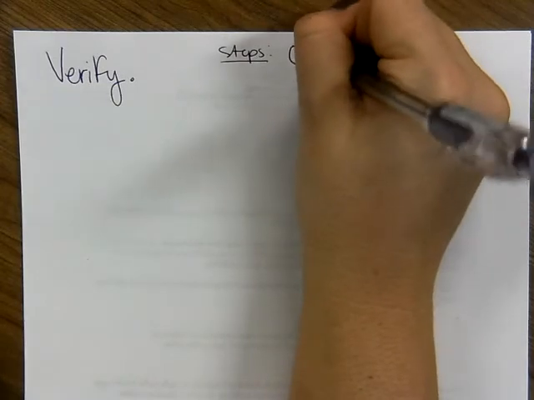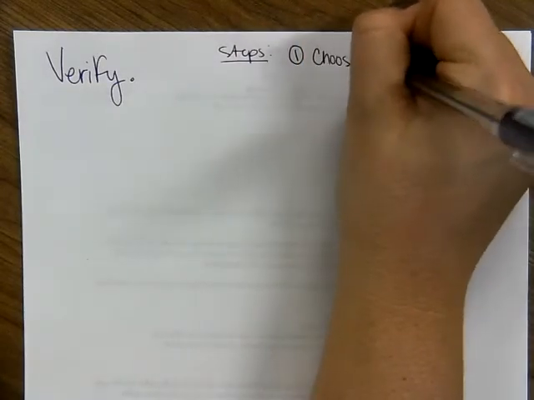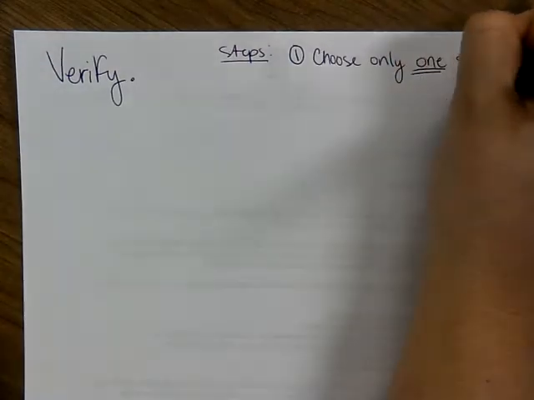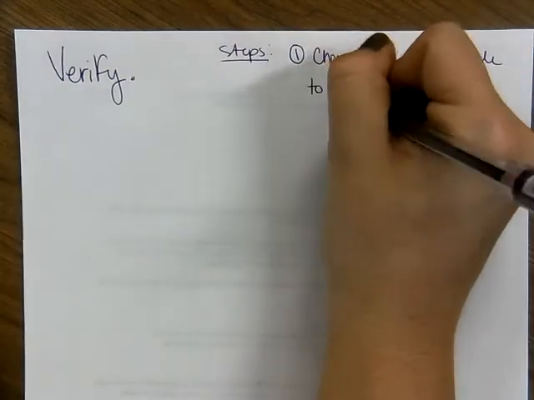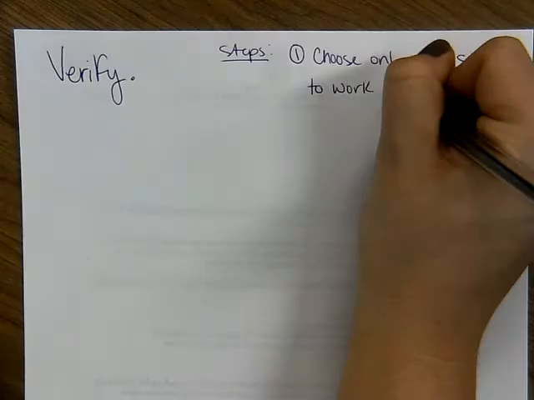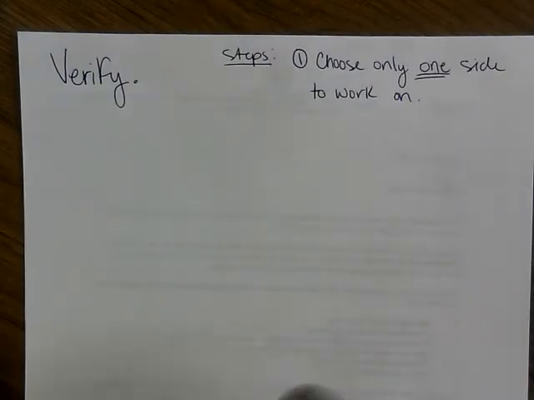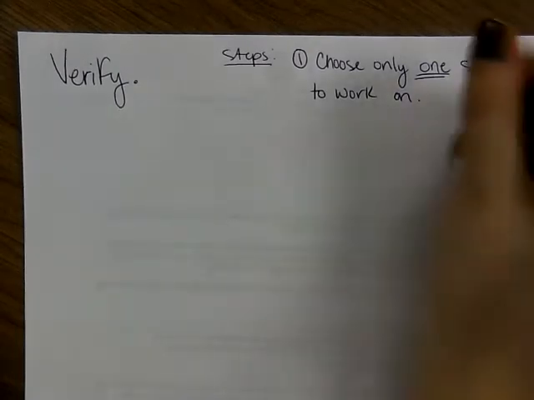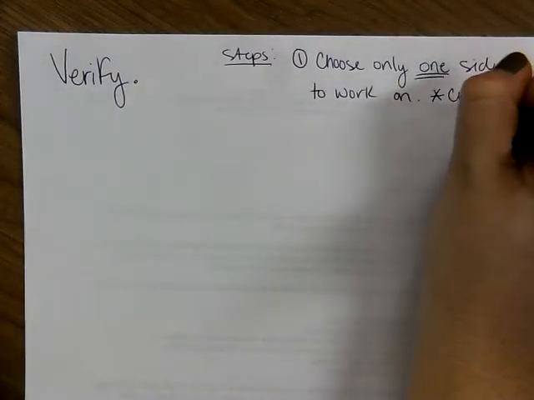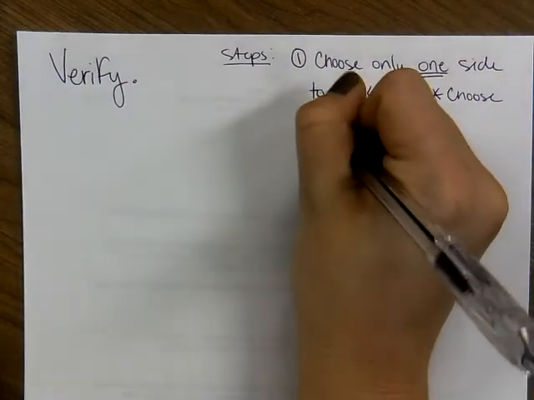Step 1, you have to choose only one side to work on. And if you remember back in the last chapter, I always told you to try to work on the more complicated side, right? Because there's more to do. So you choose the more complicated side.